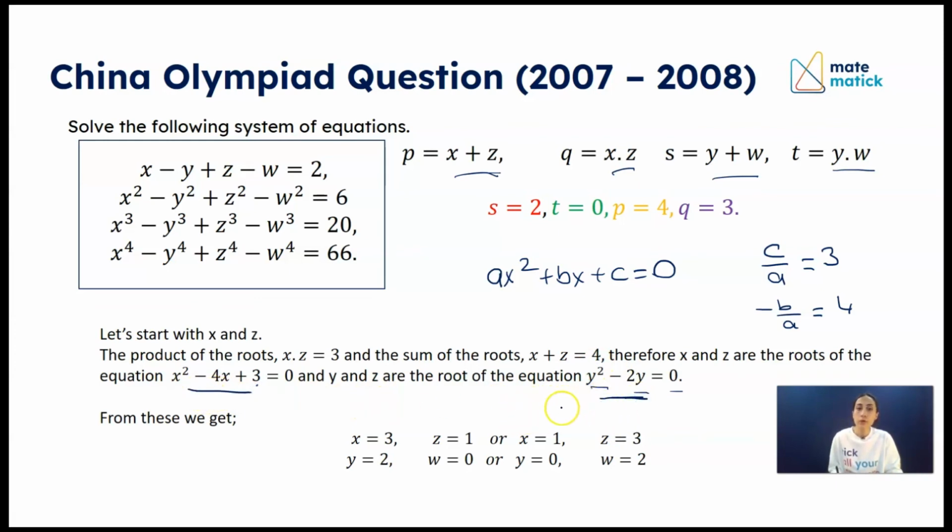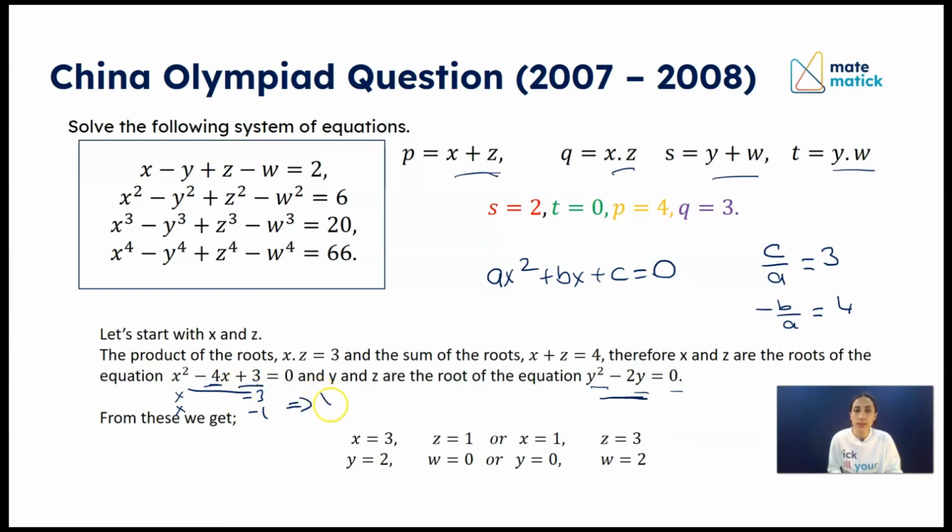So from here we can say that x is equal to 3, because it's just a simple quadratic equation. If it is minus 3 here, I will write here plus 3, minus 3, minus 1. When I add them together, it gives us minus 4. When I multiply them, it gives us plus 3.